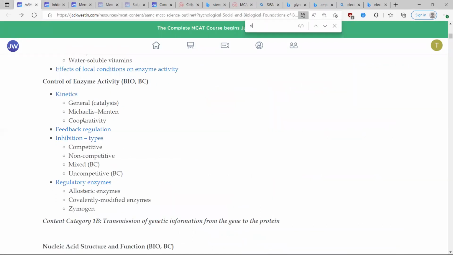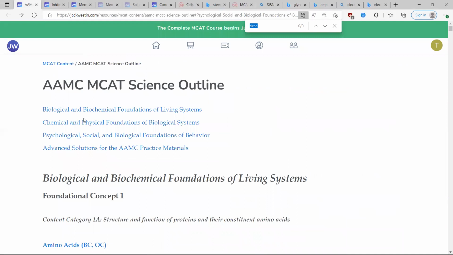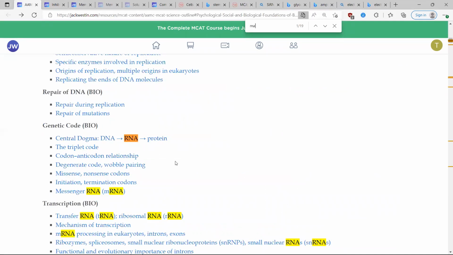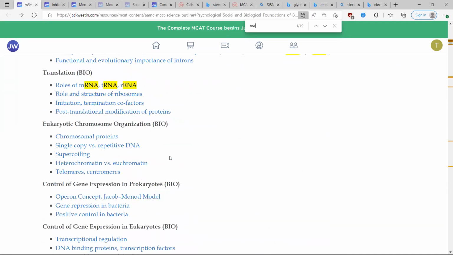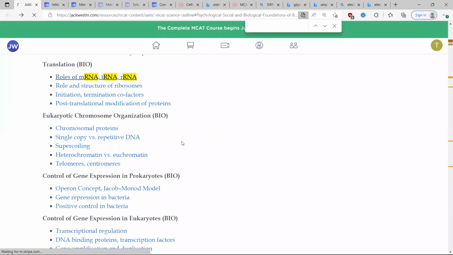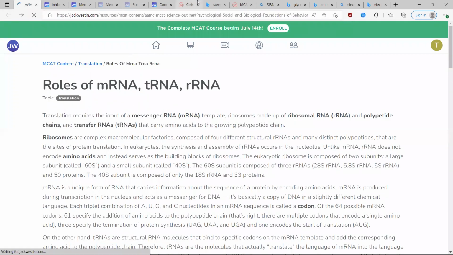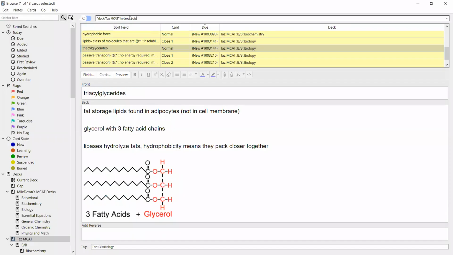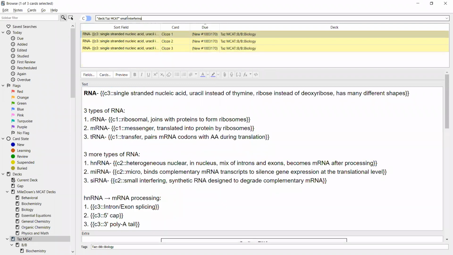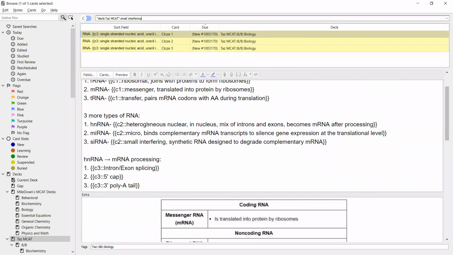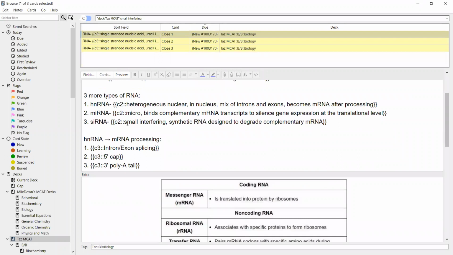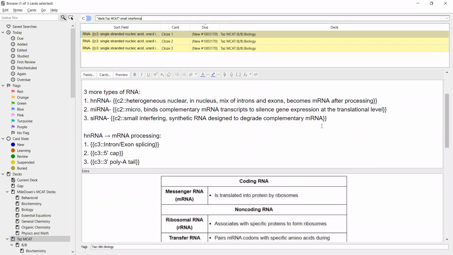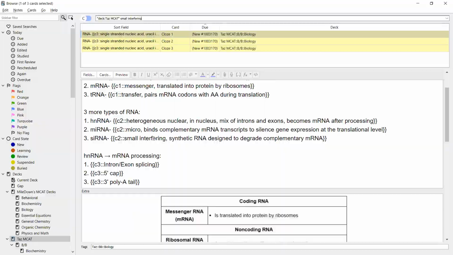Let me check my notes. Yes, okay. siRNA is small interfering RNA, a synthetic RNA designed to degrade the complementary mRNA. So it is small interfering RNA.